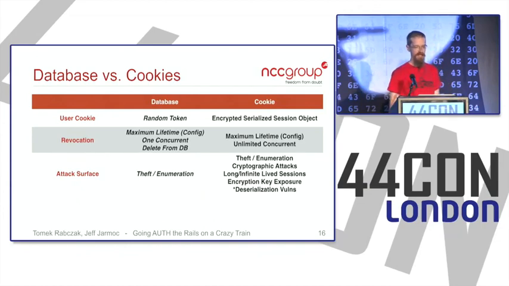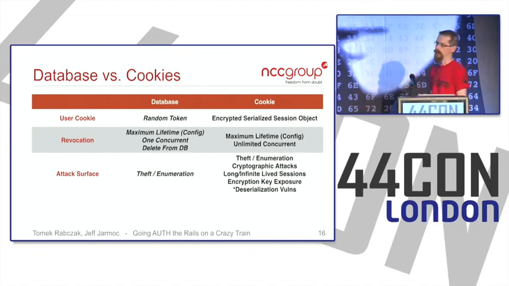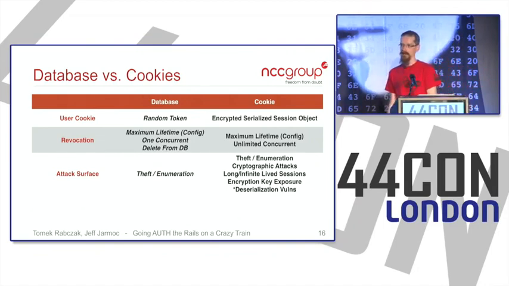And then the encryption key exposure is a really big deal. If your encryption keys leak, then someone with knowledge of the encryption keys can create their own session objects arbitrarily, and your application will honor them. This kind of leads to an issue with deserialization. Some versions of Rails, depending on configuration, will use Marshal serialized cookies.